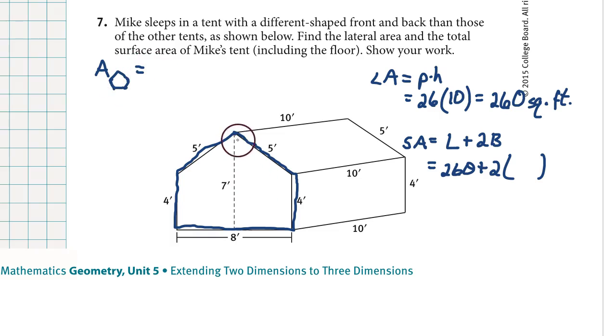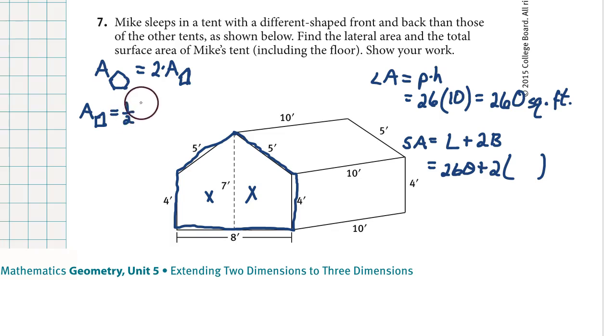To help us out, do you notice the dashed line splits the pentagon into 2 trapezoid shapes? Let's find the area of those trapezoids, add them together, and that would be the area of the pentagon. We're going to do 2 times the area of the trapezoid. Let's find the area of the trapezoid.